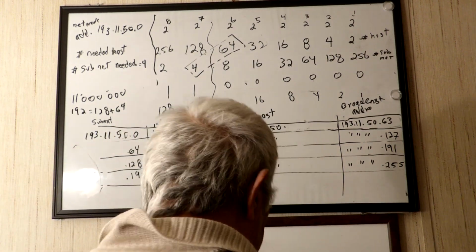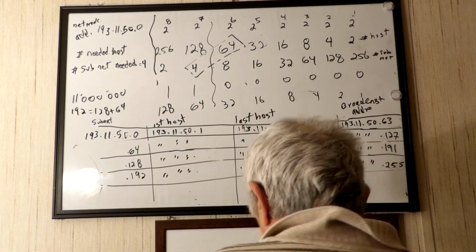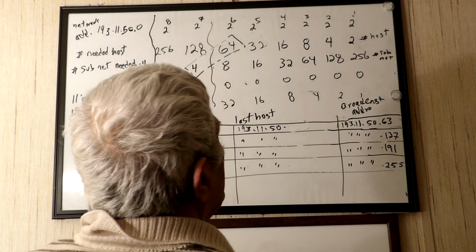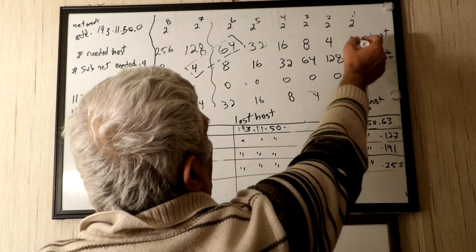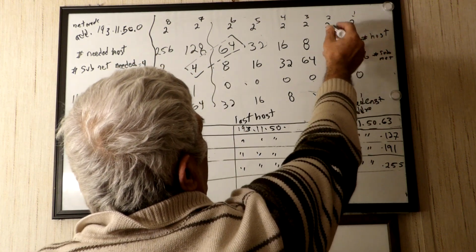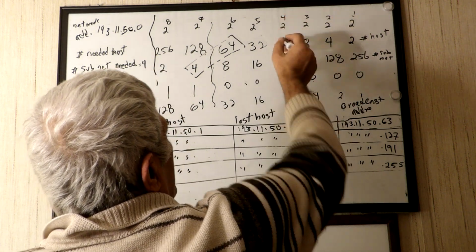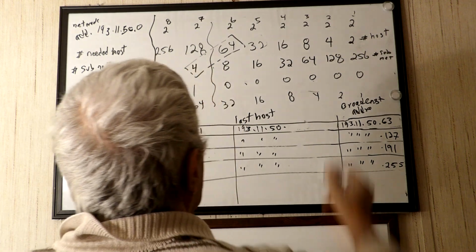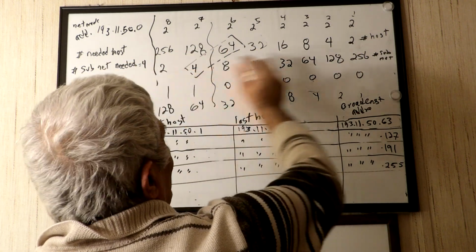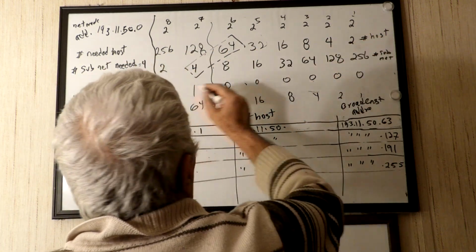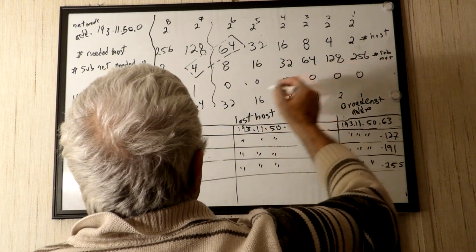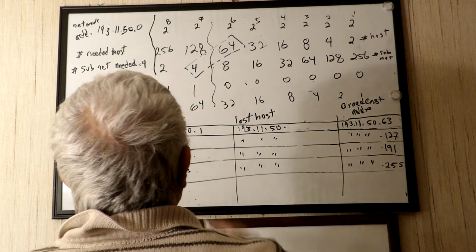It talks about binary: 2 to the power of 1, you write it here, 2 to the power of 2 is 4, 2 to the power of 3 is 8, 2 to the power of 4 is 16, and so on. This is the number of hosts, and the second line talks about the number of subnets.